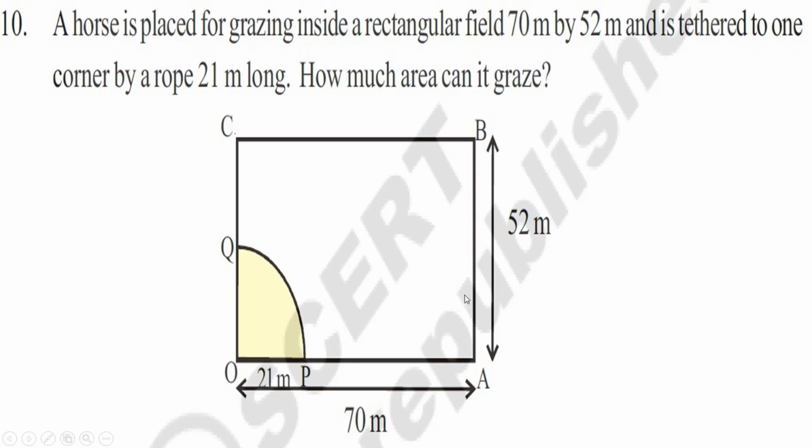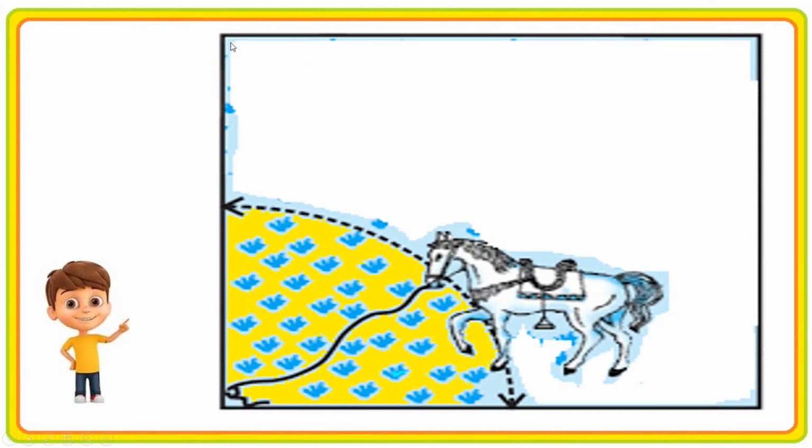This is rectangular field, length is 70 meters, breadth is 52 meters. One horse is tethered with a rope at one corner here, like this. Horse is tethered with rope at one corner. This is the grazing area of the horse.